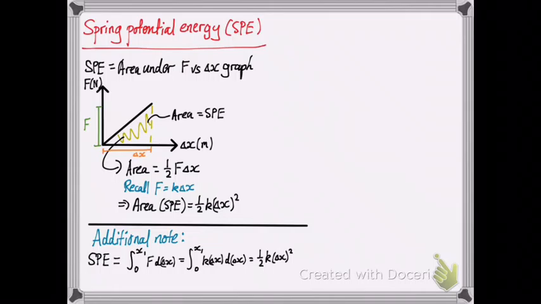Once you integrate, you'll get something like this. And subbing in delta x with x1, you'll get your SPE formula. So x1 is just the magnitude of delta x, just so we can keep this a definite integral. So that last part's pretty supplementary, and you often don't need to remember that, but it's good to know where all of this comes from, and it's just not from thin air.